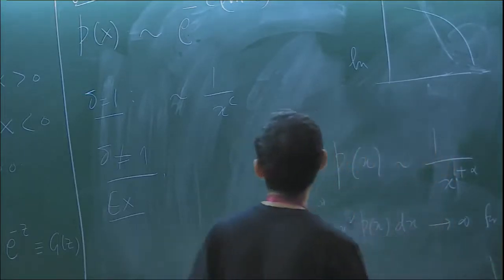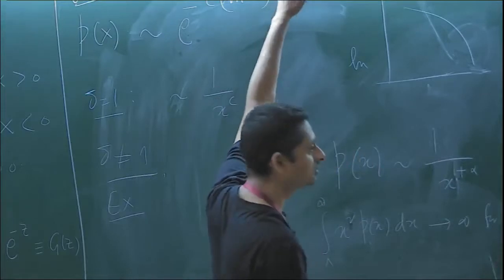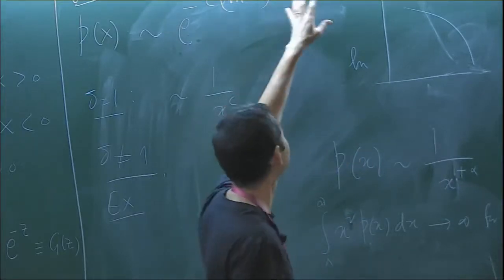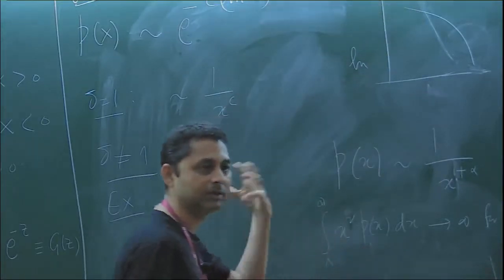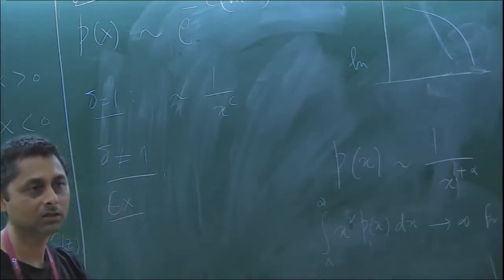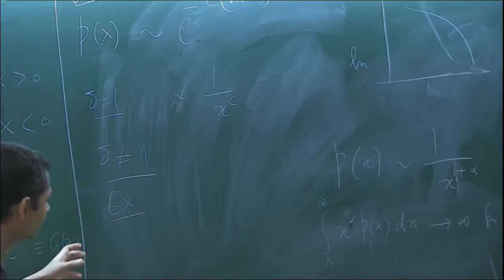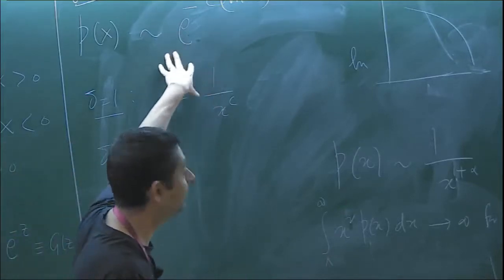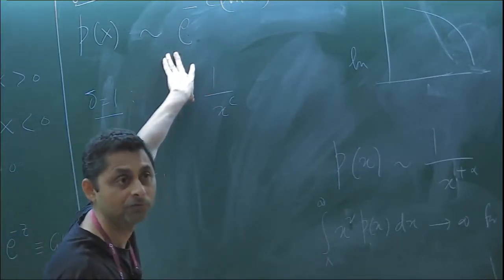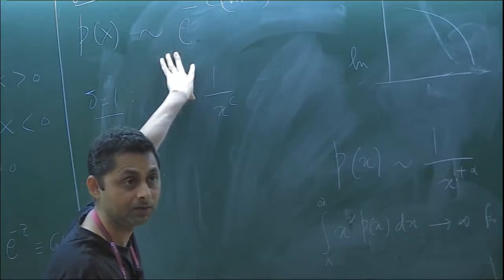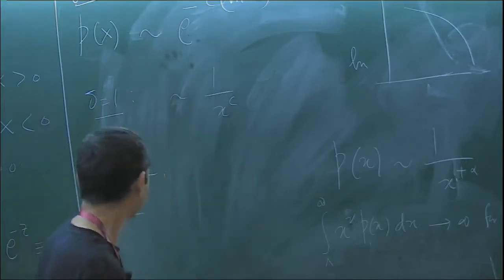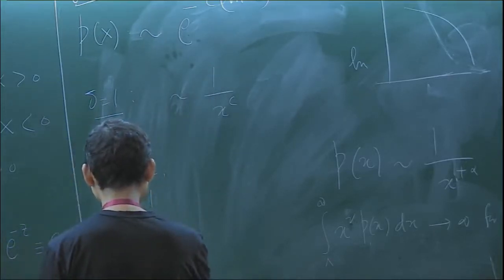If delta equal to 2, it's called the log normal distribution, basically with some mu or something. But this is a distribution which is slower than exponential and faster than power law. The first exercise is to show that all moments of this kind of function exist, therefore it's slower than power law.